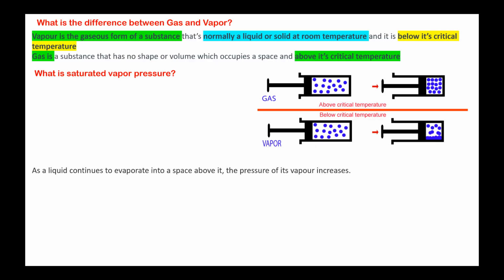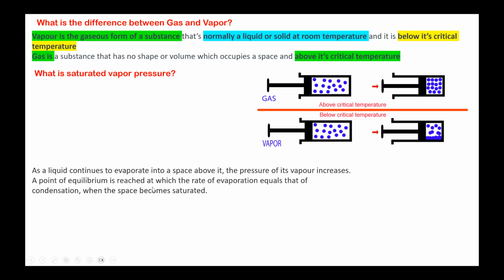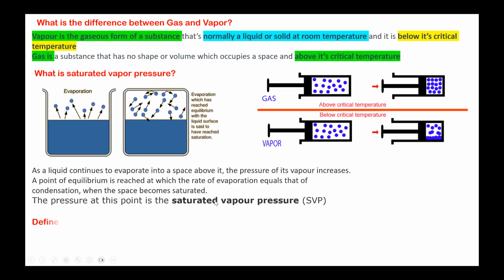So the equilibrium reached between the gaseous form and the liquid form is called the saturated vapor pressure. A point of equilibrium is reached at which the rate of evaporation equals that of condensation when the space becomes saturated. This is applicable to a gas or a vapor within a closed container. Okay, so this point where it is in equilibrium with the solution is called the saturated vapor pressure.